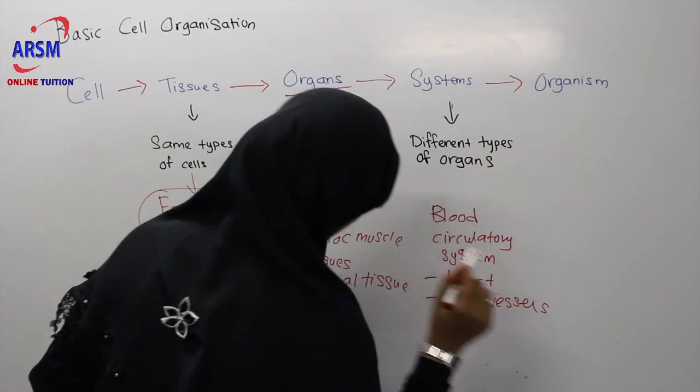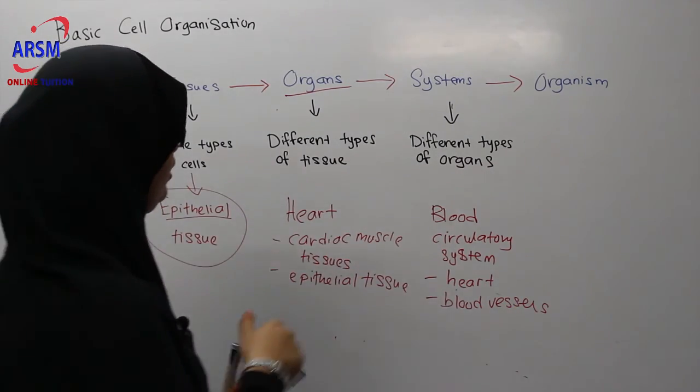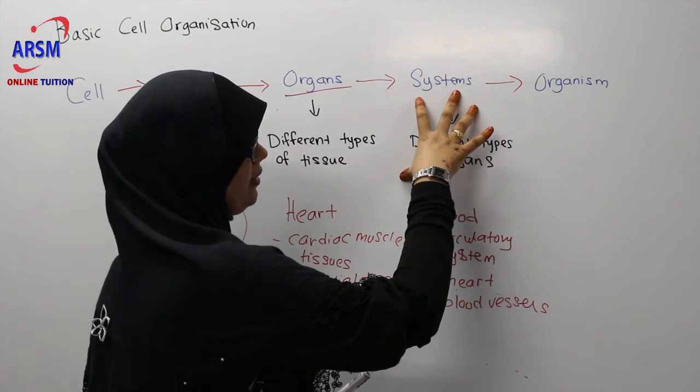So obviously different types of organs help to form a system.